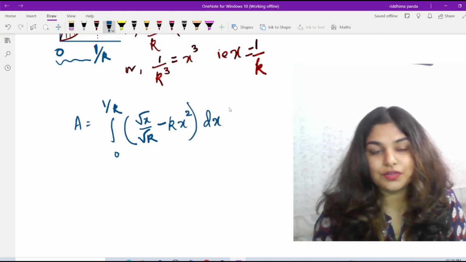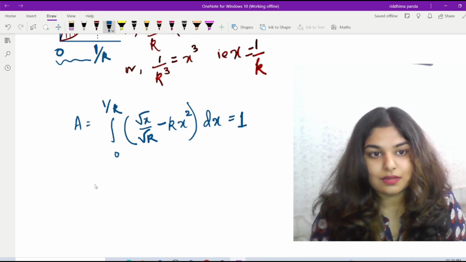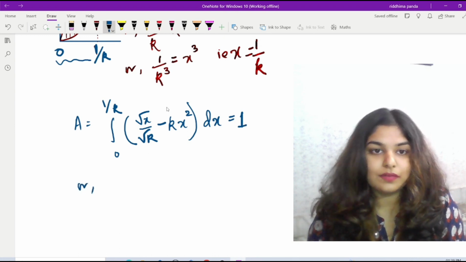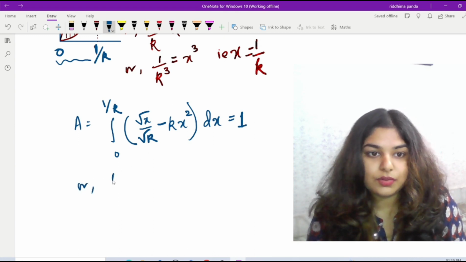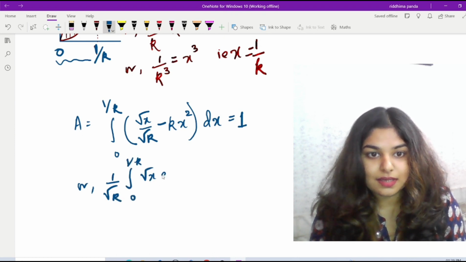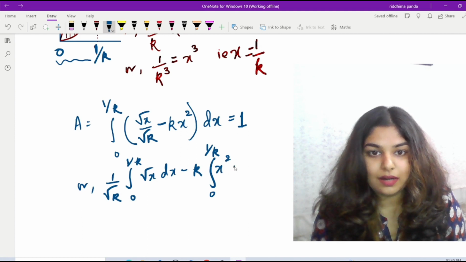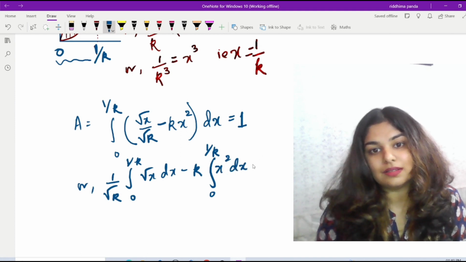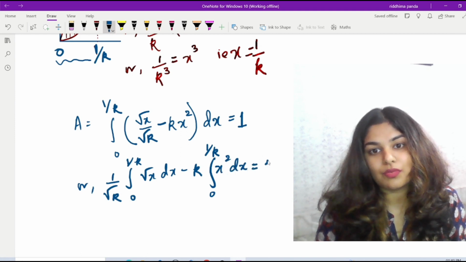This area is equal to 1. Let us take 1/√k as a constant: (1/√k) times the integral from 0 to 1/k of √x dx, minus k times the integral from 0 to 1/k of x² dx, equals 1.